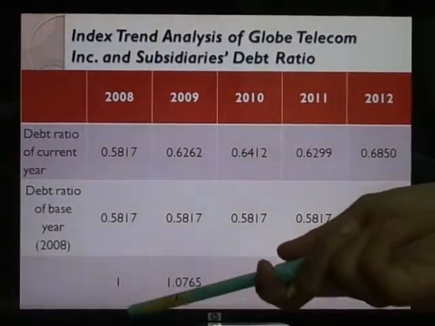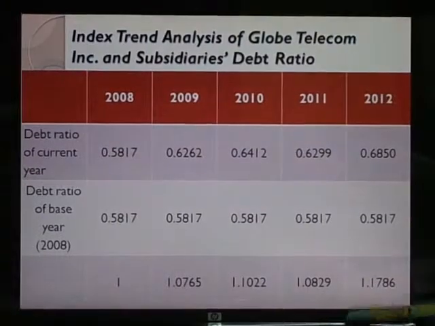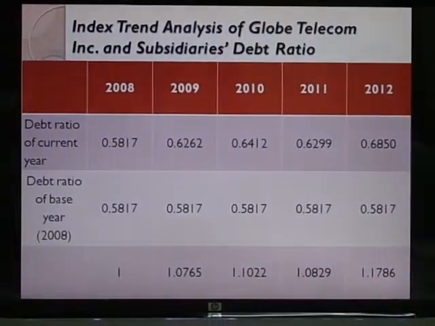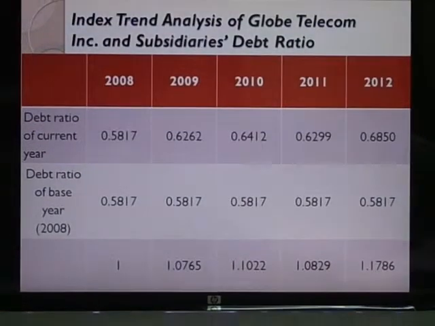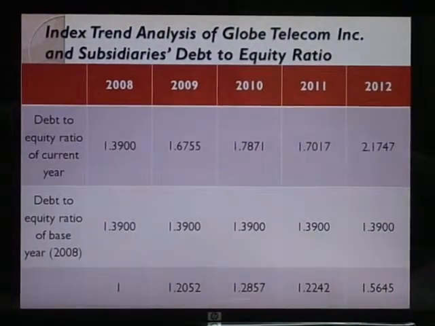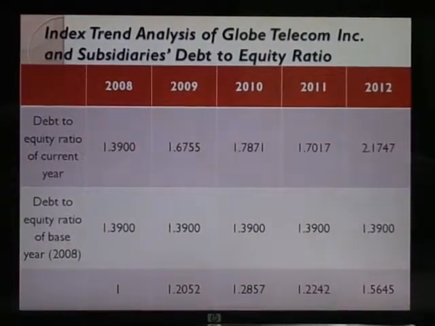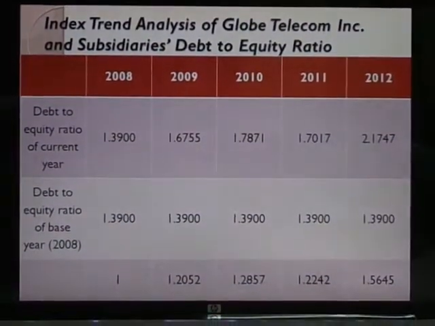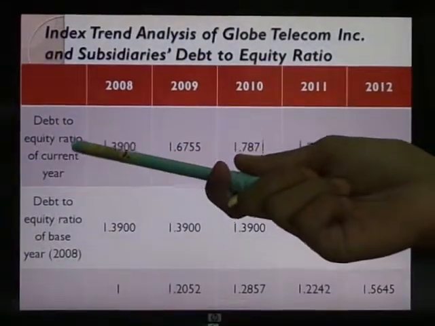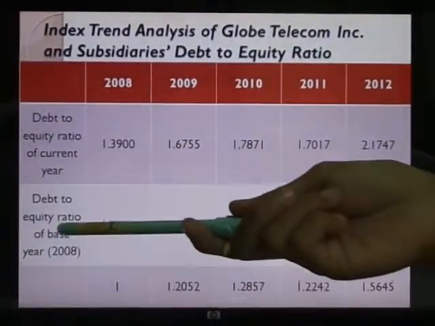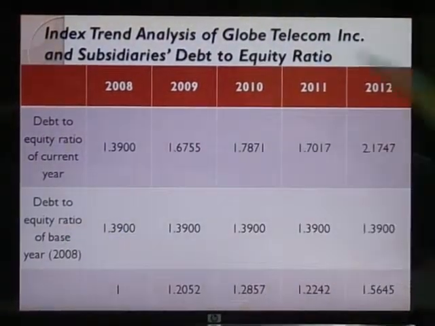These are the answers that I get from this. And it is increasing. While in the debt to equity ratio of the Globe Telecom, this is the debt to equity ratio of the current year. I divide it by the debt to equity ratio of the base year.